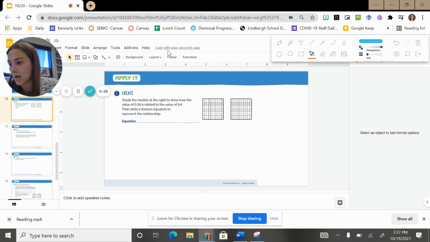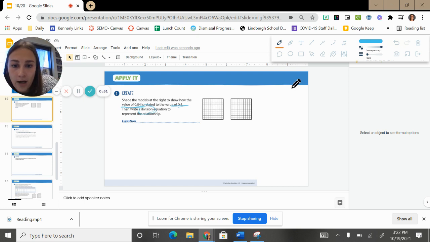Looking here, you are going to need to shade the models to the right to show the value of 4 hundredths and 4 tenths. Then we need to write a division equation to represent the relationship.